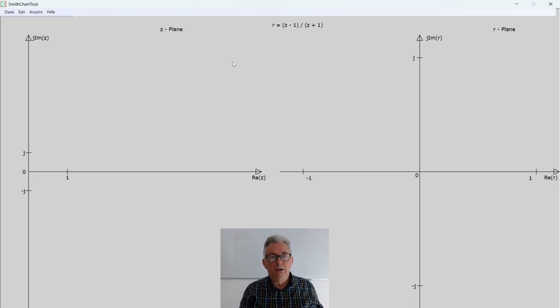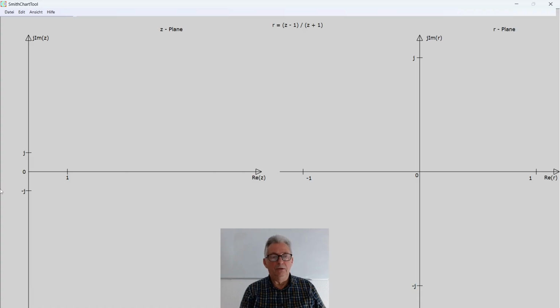We have here the normalized Z plane, and as normalizing impedance, in most cases, the characteristic impedance of the transmission line we consider is used. So if I have a Z plane, this means I have a real value and a complex value.